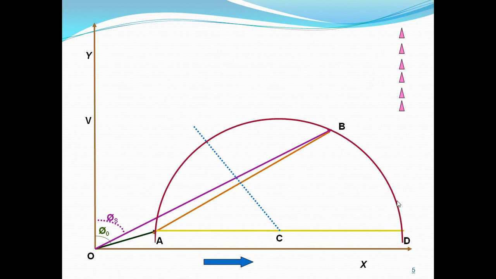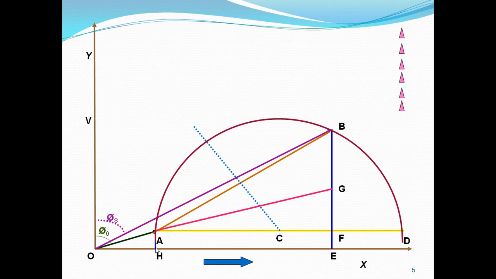After drawing the semicircle A, B, D, we have to draw a vertical line from B, like this, and from A also we will draw a vertical line.